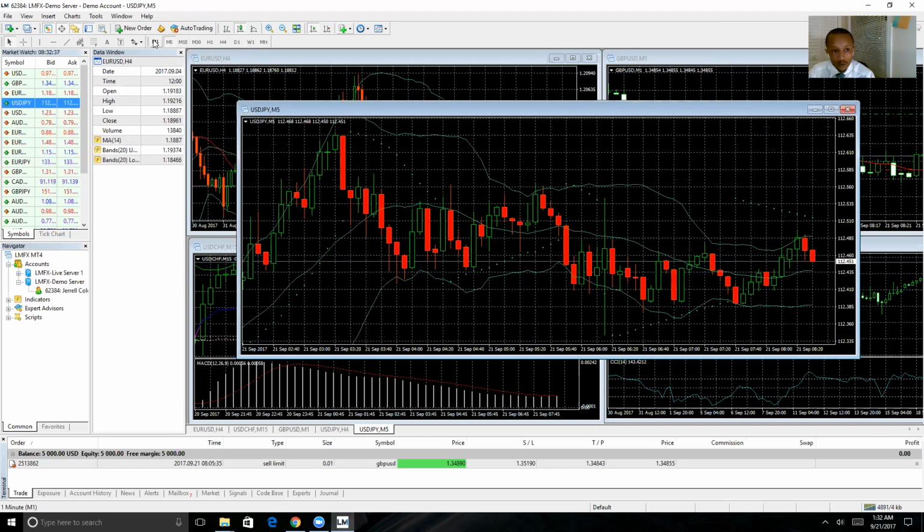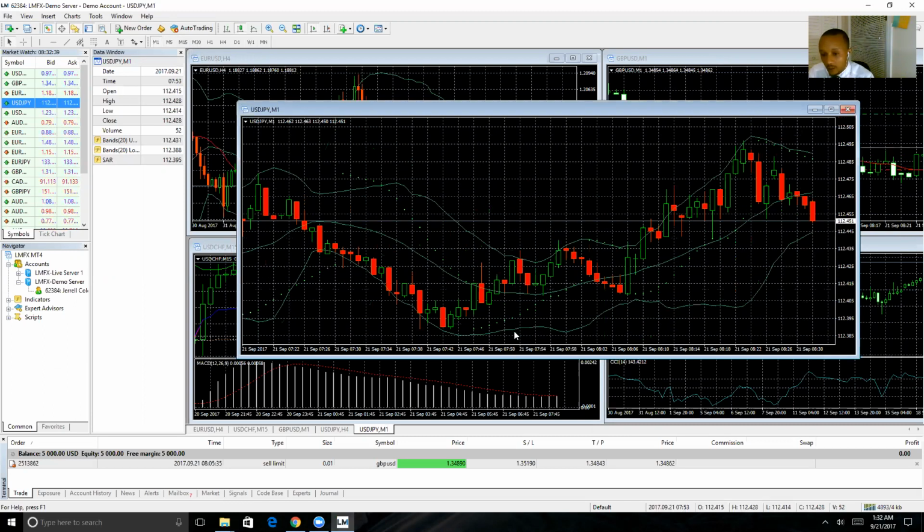Now, when you're in the lower time frames, of course, you're going to see a lot more price action. But keep in mind that from the bottom of the chart to the top represents the smallest amount of pips on the lower time frame.